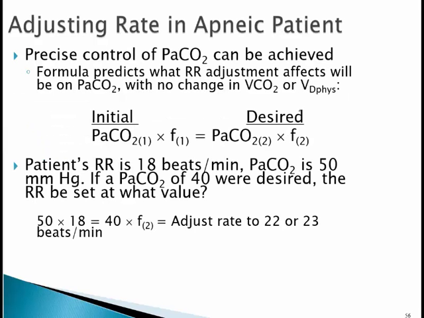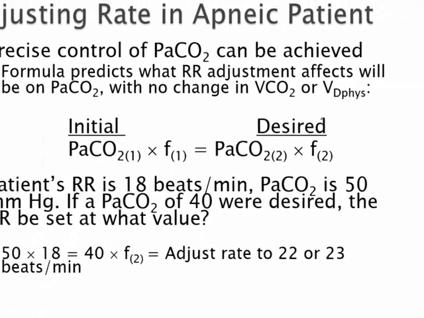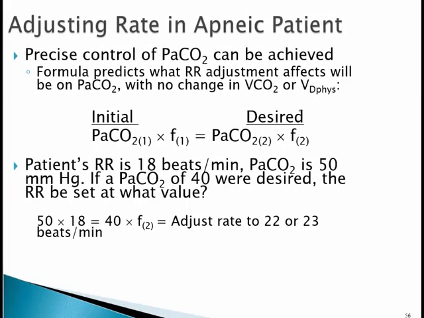So this is just the reiteration of adjusting the rate of the apneic patient. And again, the healthier the lungs, the more accurate this equation, but it's a before and after type thing, right? This formula predicts what respiratory rate adjustments' effects will be on the CO2 level with no change in CO2 production or physiologic dead space.